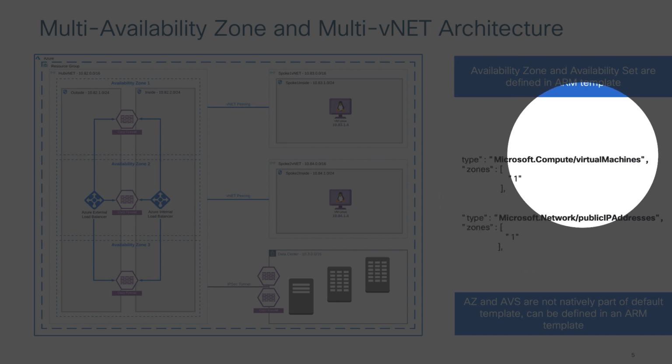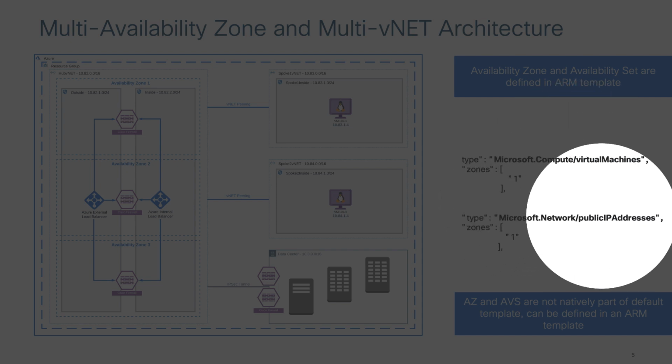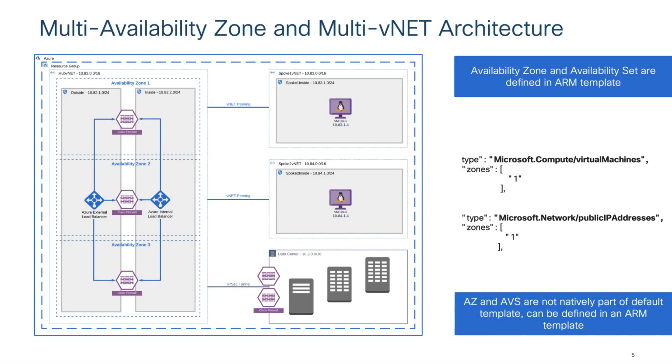This information will go to the virtual machine and public IP address. So you need to modify your template and then deploy these devices. By default, these attributes are not there. In the description of the video, I'll add a link to the ARM template as well. But remember, those templates were created about 2 years ago, so you might have to update your APIs as well.